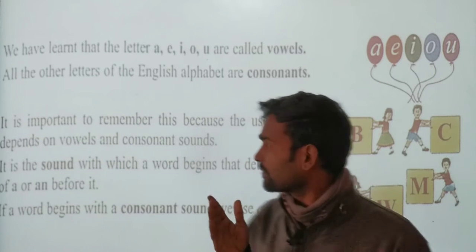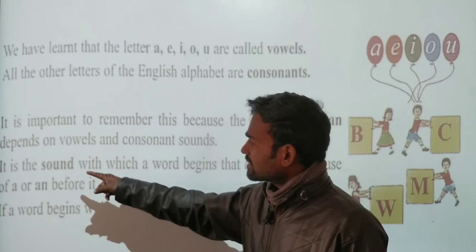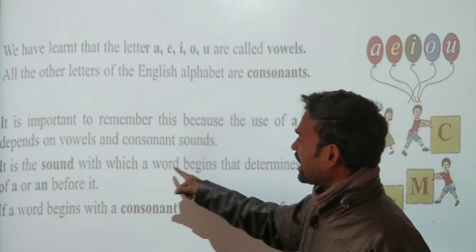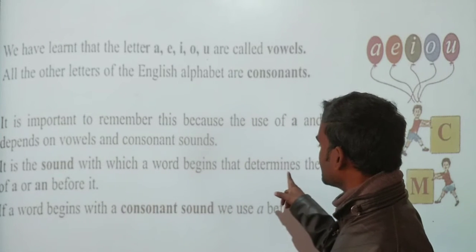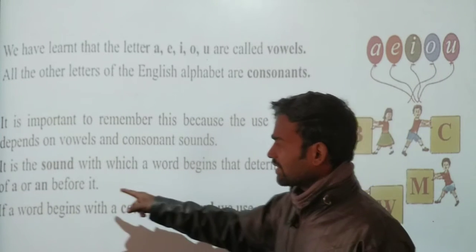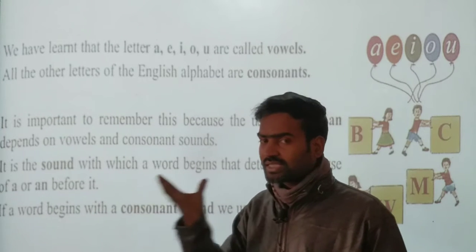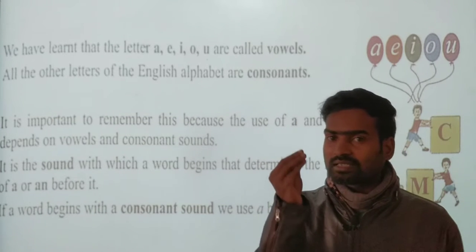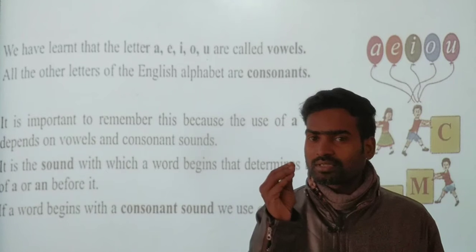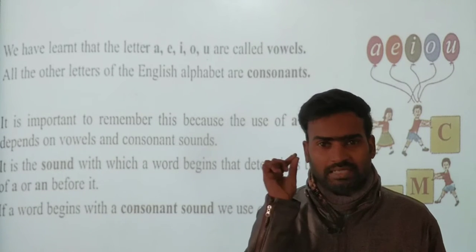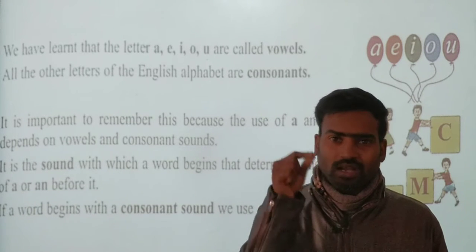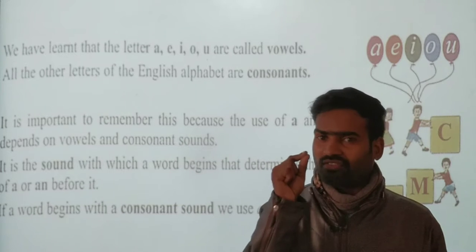It is the sound with which a word begins that determines the use of a or an. It decides where to use a and an by the sound of consonants and vowels.